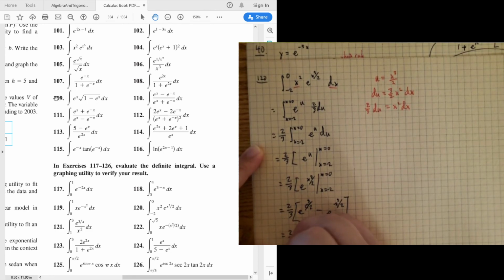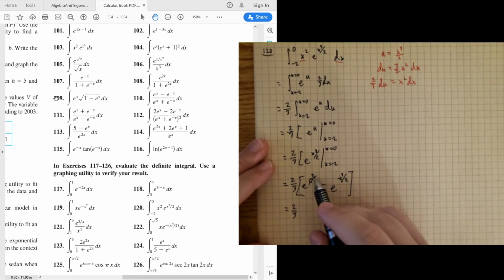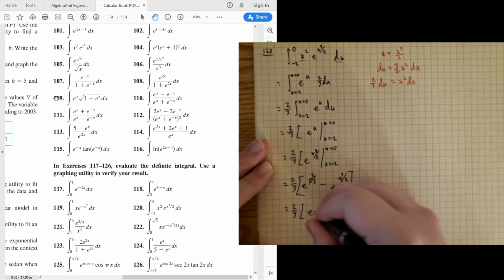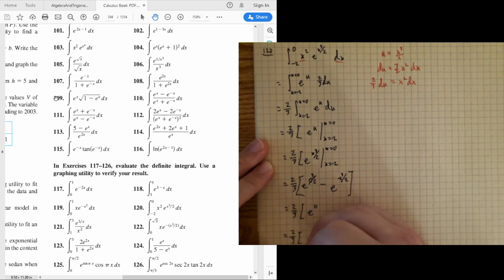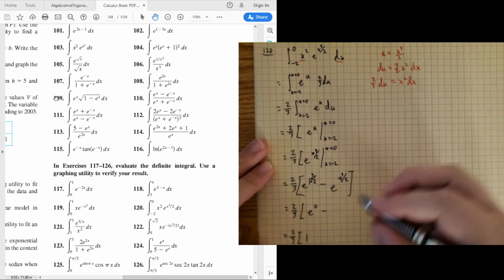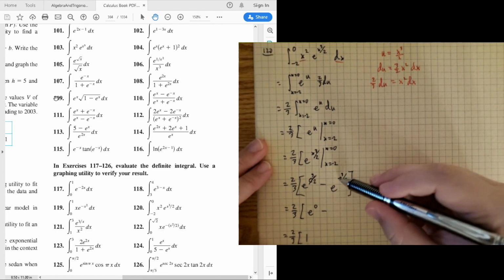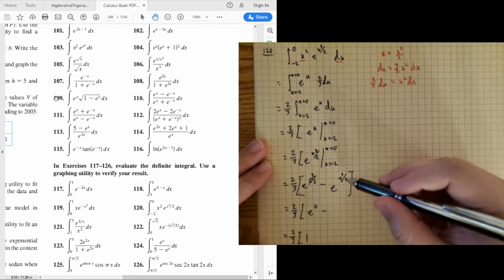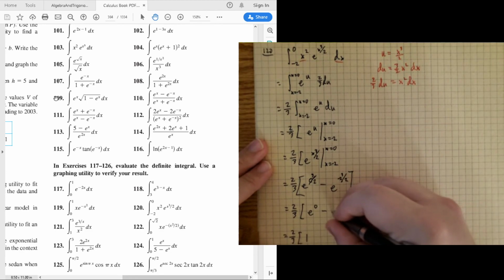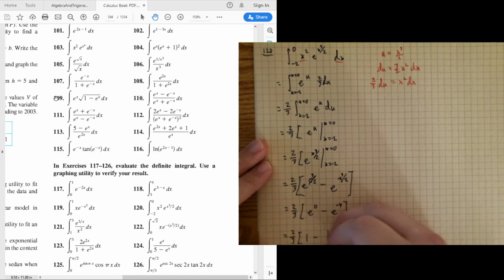Okay, I will simplify this by hand. 0 cubed is 0. Divide that by 2 is still 0, so we end up with e to the 0 power, which you'll remember is 1, minus -2 cubed is -8. -8 divided by 2 would be e to the -4th. And this right here is as simplified as I probably want to get.